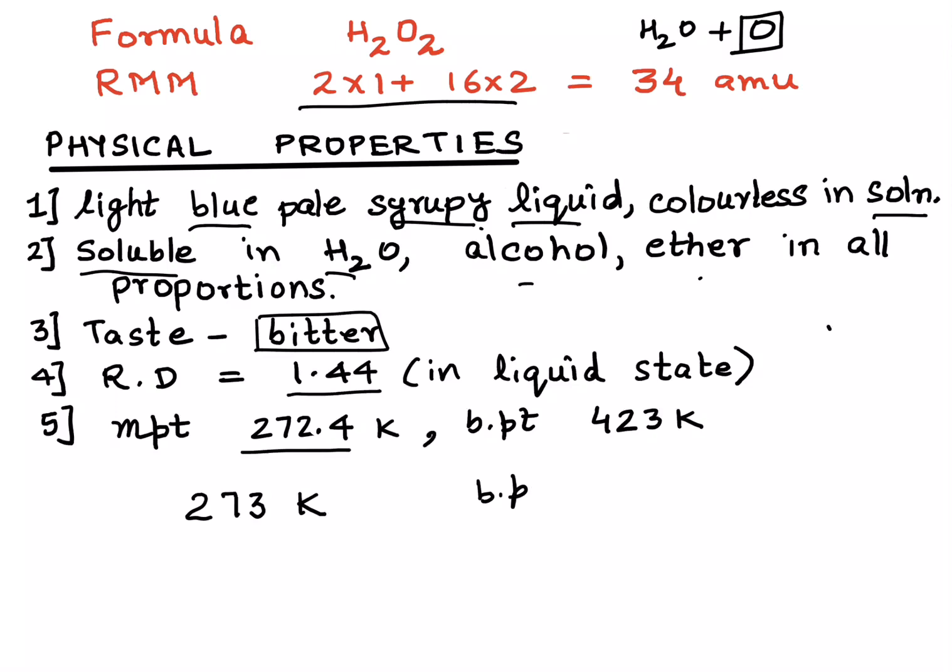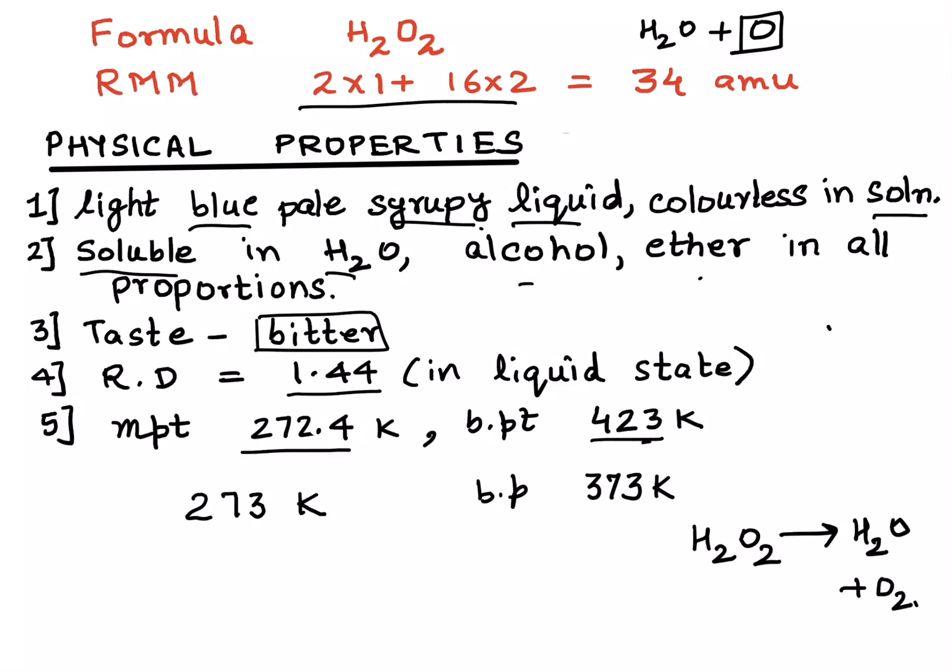The boiling point of water is 373 Kelvin, whereas that of hydrogen peroxide is 423 Kelvin. But before this boiling point is reached, actually, hydrogen peroxide undergoes thermal decomposition. It breaks down in the presence of heat to give you water and oxygen.